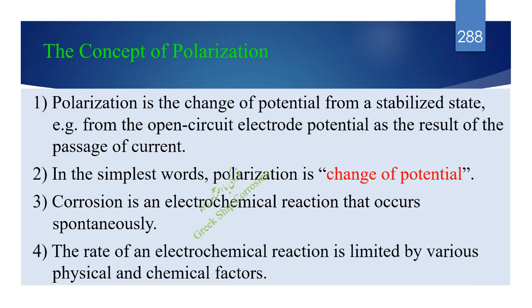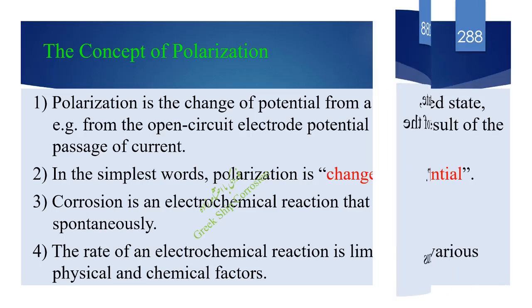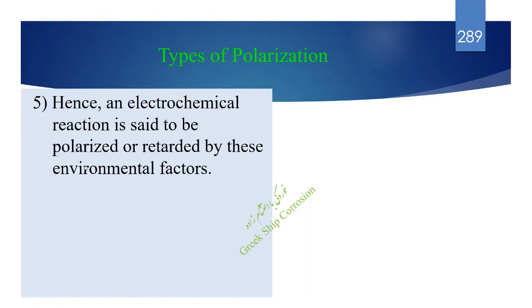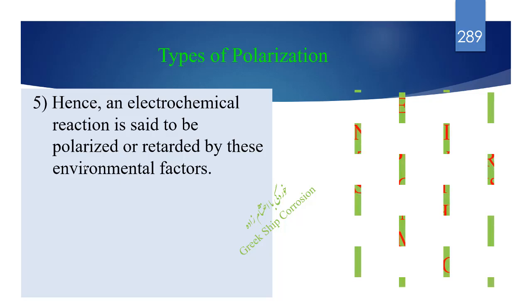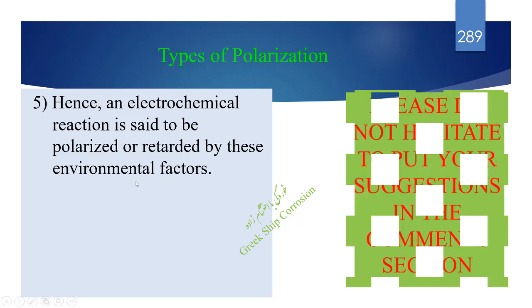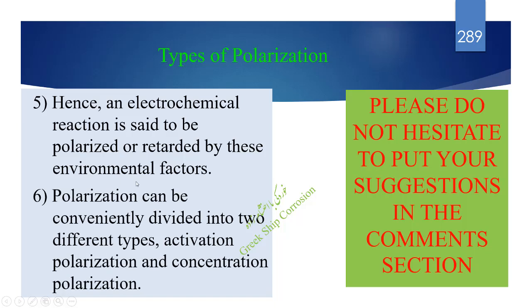The rate of an electrochemical reaction is limited by various physical and chemical factors. Hence, an electrochemical reaction is said to be polarized or retarded by these environmental factors.